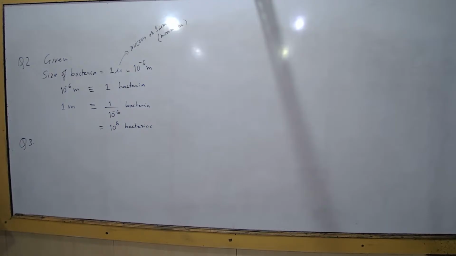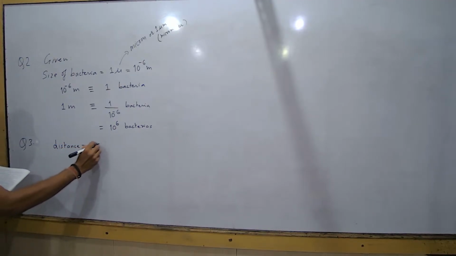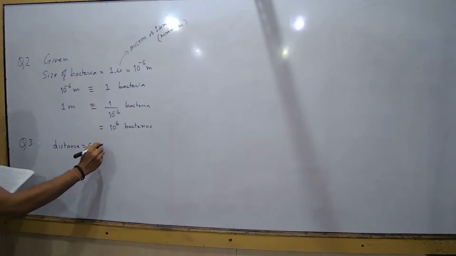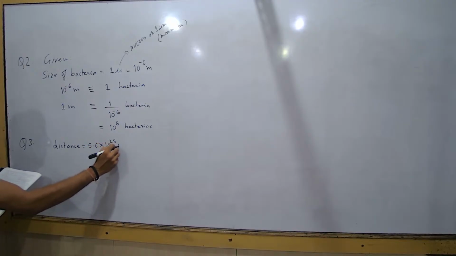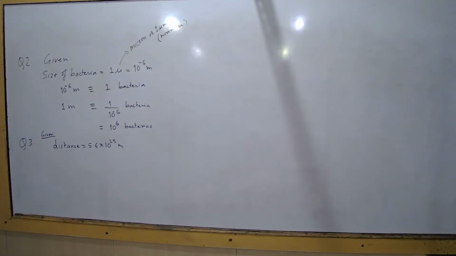Now what is given is the distance of the galaxy from Earth, 5.6 into 10 raised to 25 meter. Okay, so this is given. So in all the numericals, first write down the given data.